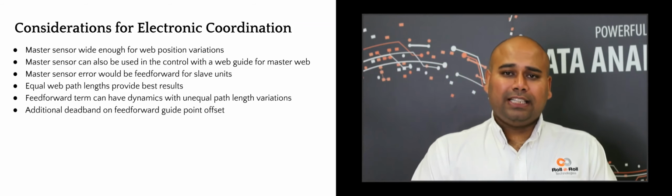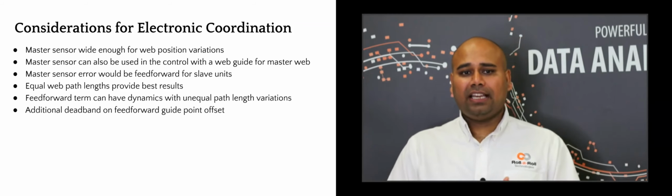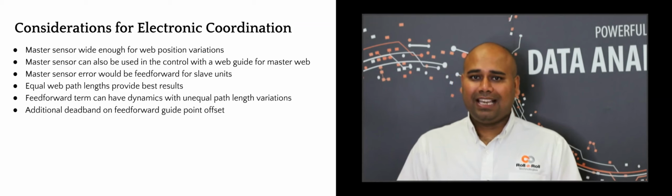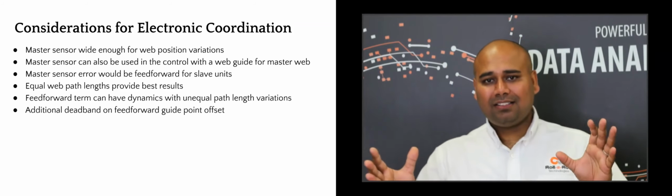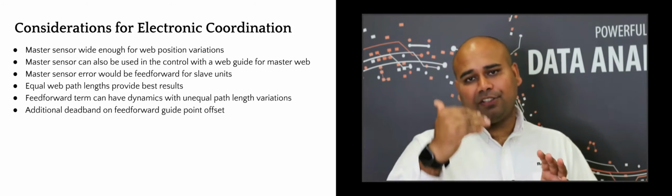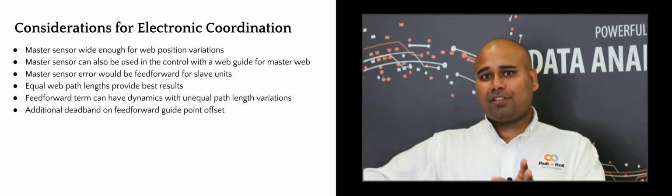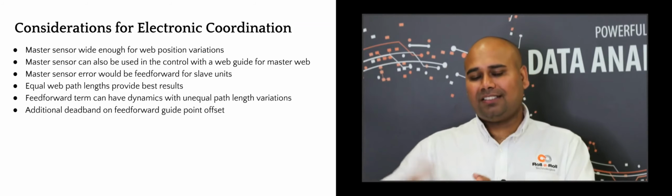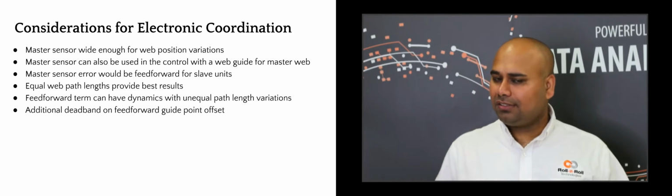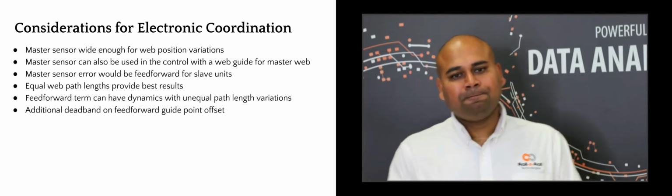And usually this has a good result if we can have the web path lengths with these different sensors and web guides from that sensor to where the lamination process is. If the web path lengths are the same, that provides the best results, especially with dynamics and things like that.